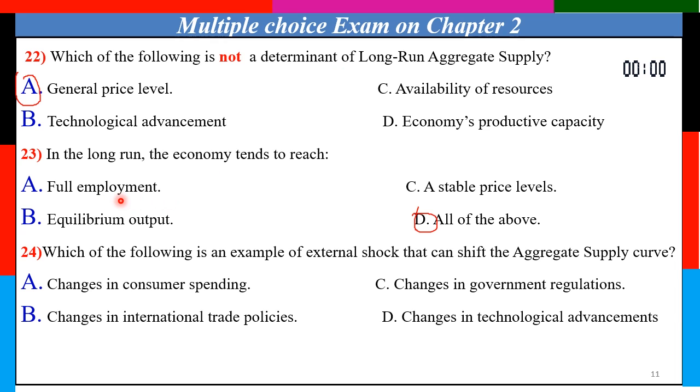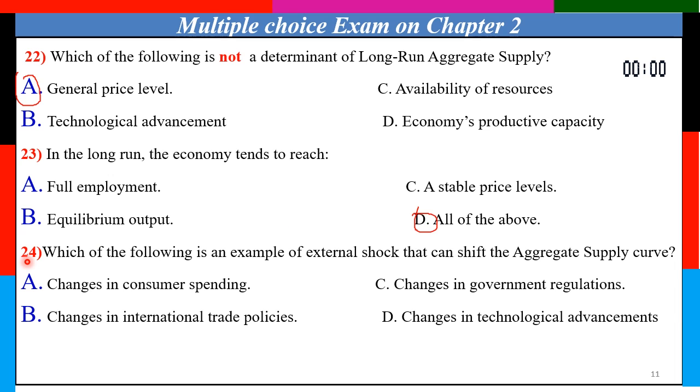All resources are fully utilized. The output is at equilibrium. Price is also stable. Price becomes neutral. It doesn't affect the long-run aggregate supply especially. Therefore, all are true.